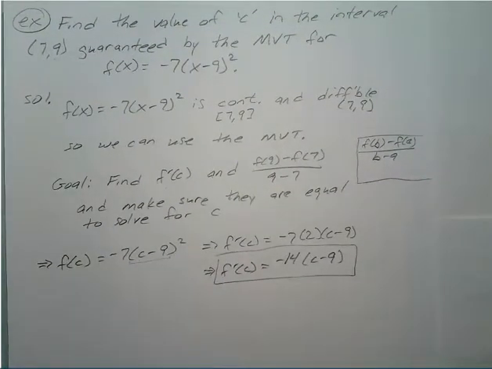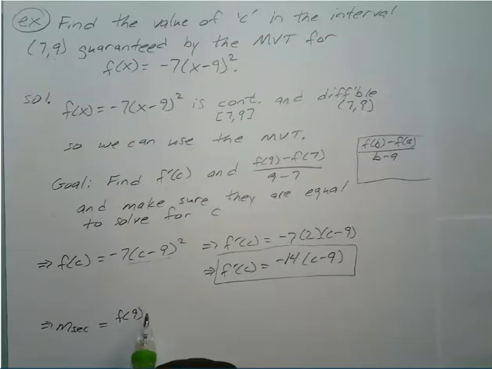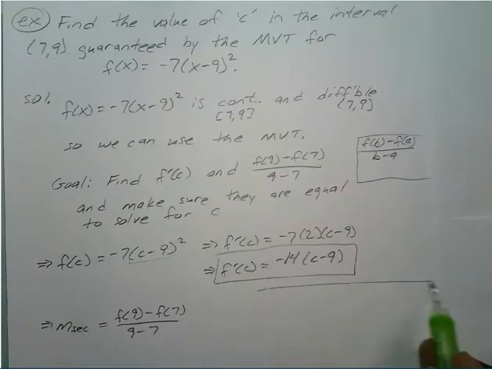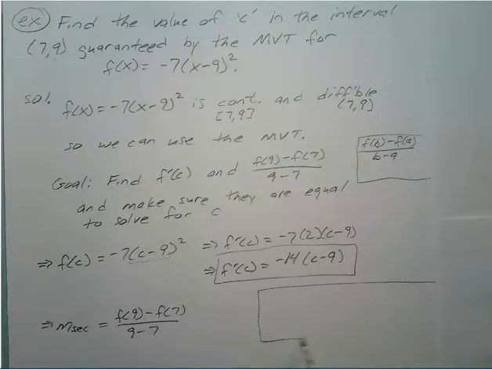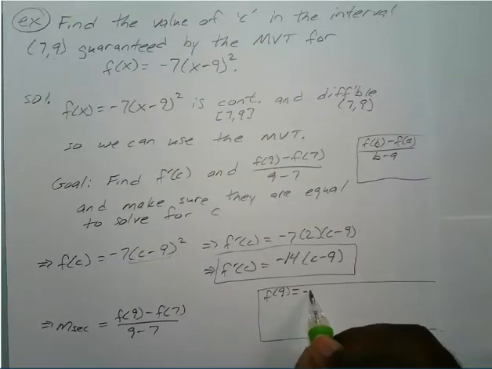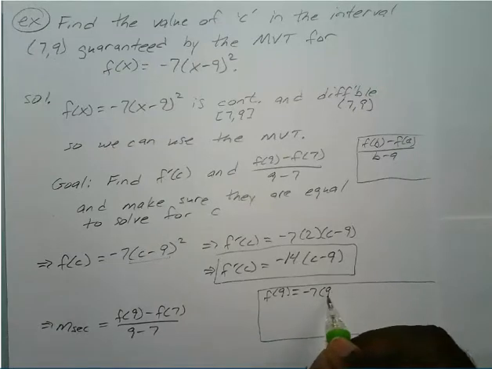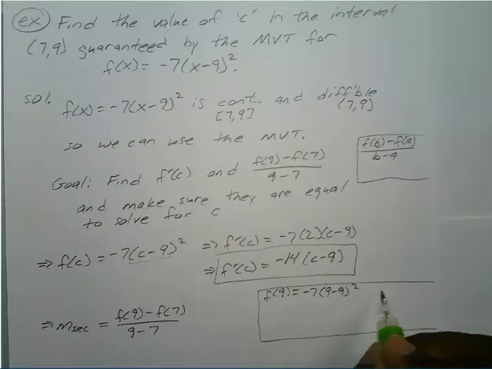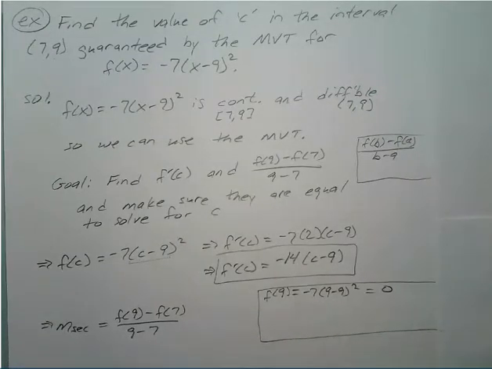So now we have to find our slope of the secant line, which is f of 9 minus f of 7 all over 9 minus 7. So we know that f of 9 is equal to -7 times 9 minus 9 squared, which is 0.